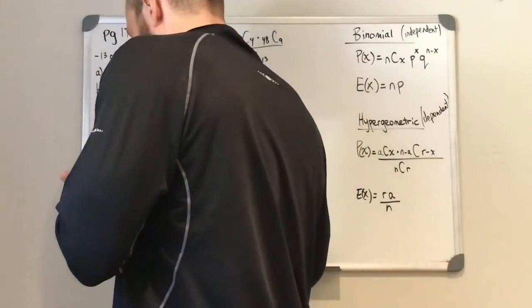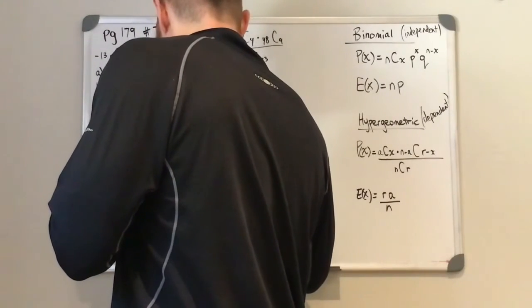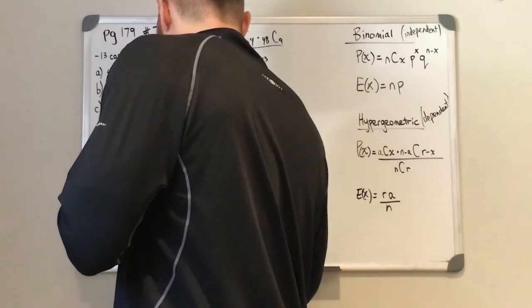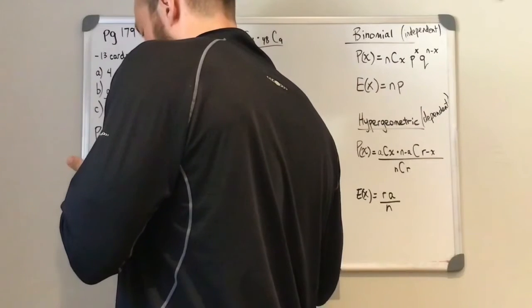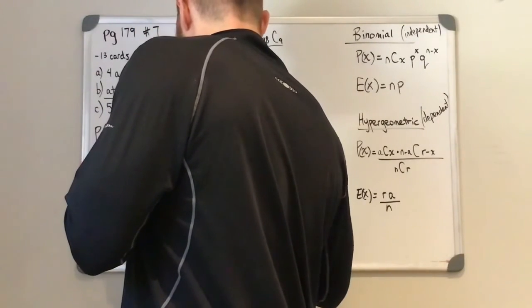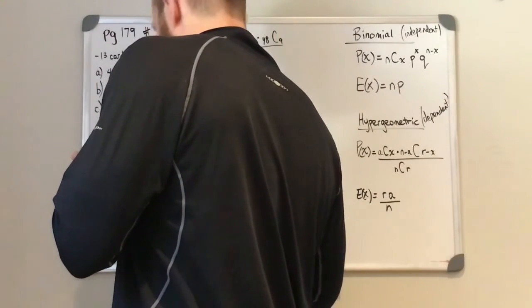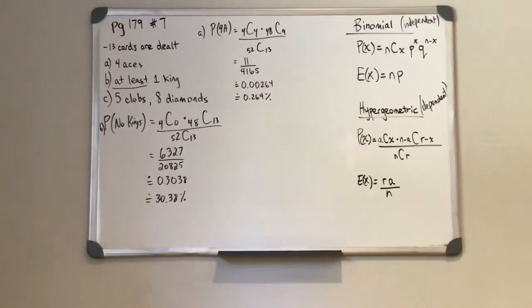So we've got 6,327 over 20,825, which is approximately 0.3038, or approximately 30.38%. We're not done here yet.